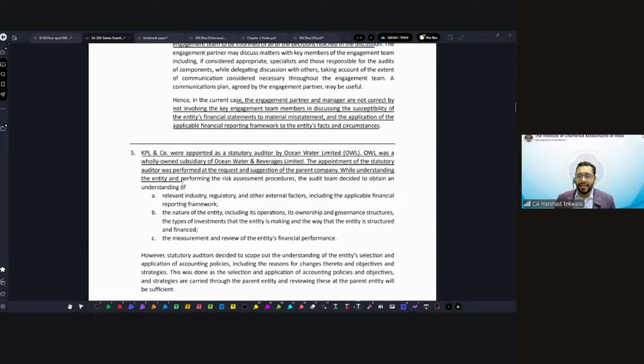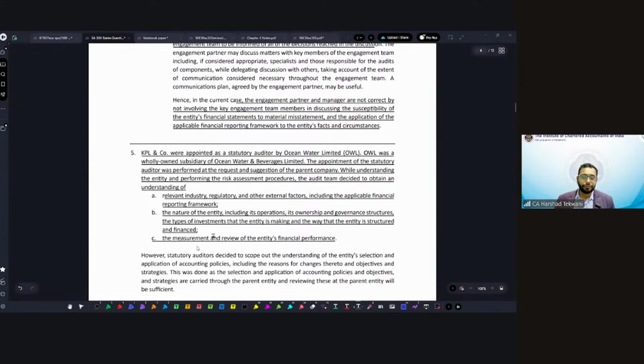While understanding the entity and performing risk assessment procedures, the audit team decided to obtain an understanding of relevant industry, regulatory, and other external factors, including the applicable financial reporting framework, the nature of the entity, including its operations, its ownership and governance structure, the type of investments the entity is making, the way the entity is structured and financed, and the measurement and review of the entity's financial performance.